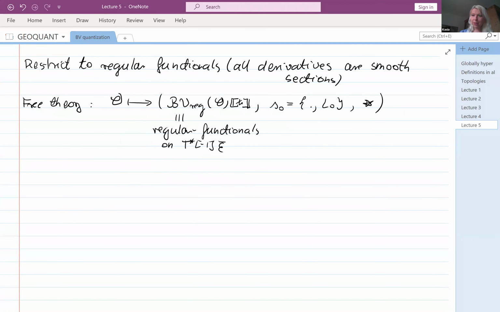Now, for the purpose of interaction, I need to introduce one more product, a commutative product for a change. But first, let me introduce something called the time ordering operator.